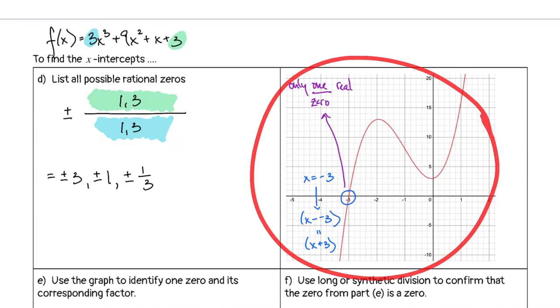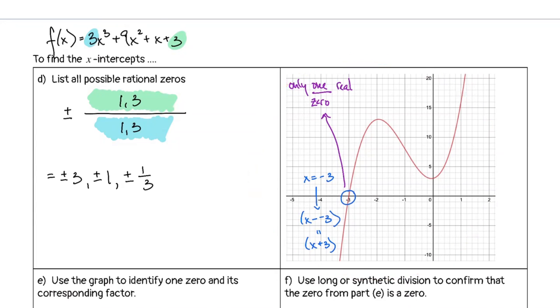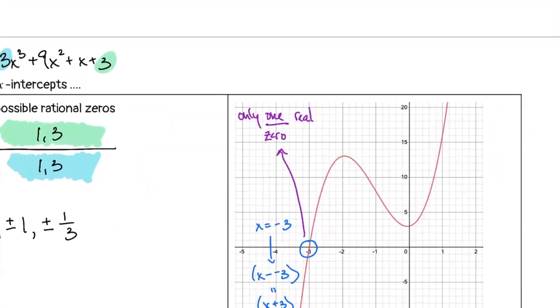You can only see one of them. If there are 3 altogether and there's only one real one, the other 2 have to be imaginary.